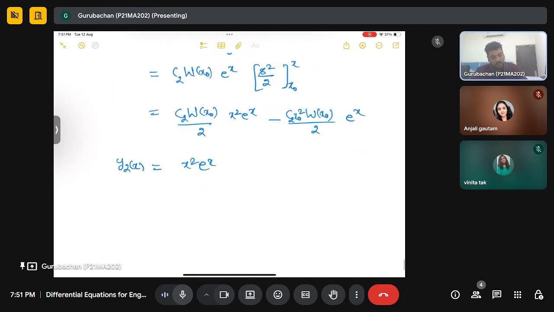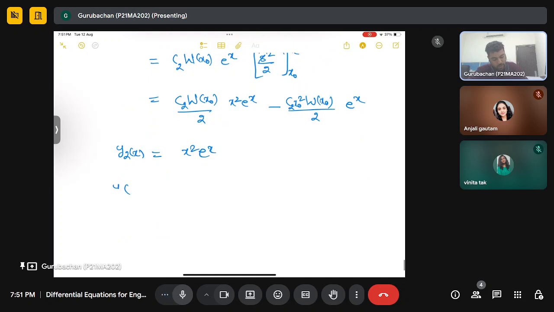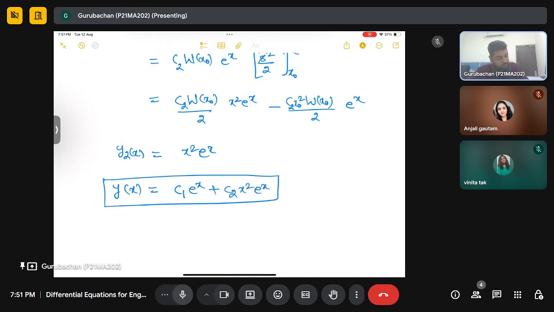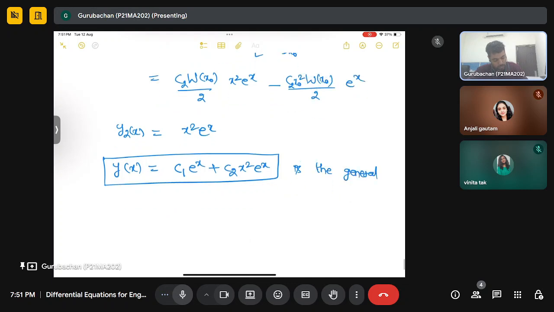So in general, what will be the general solution? y(x) will be c1 e to the power x plus c2 x square e to the power x. This will be the general solution of the given differential equation.